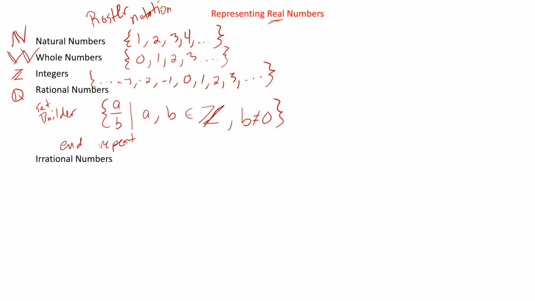Irrational numbers, it's not an either, it's a both. They never end and they never repeat.